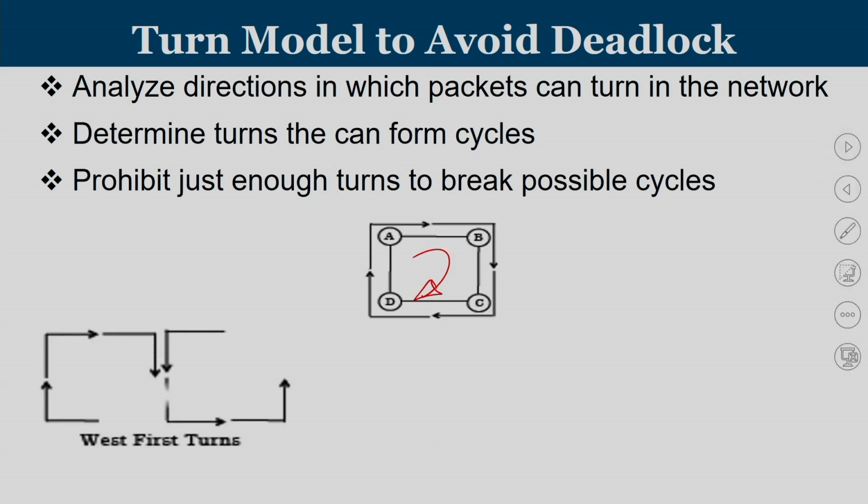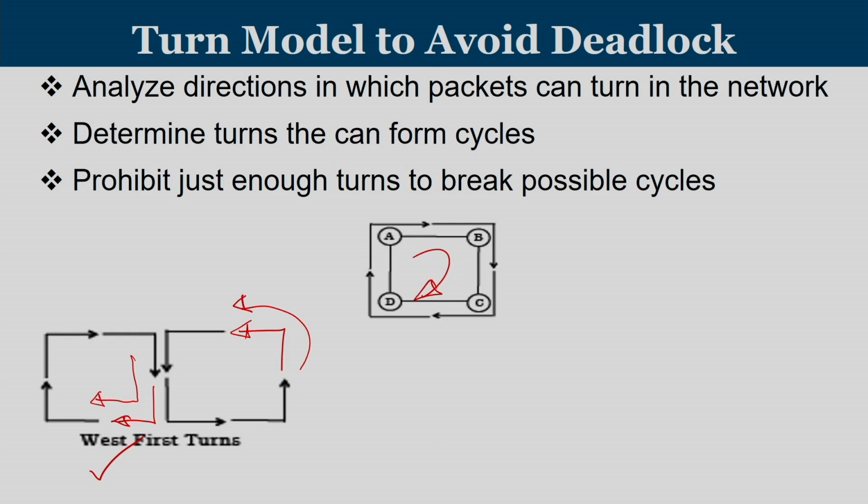In the turn model, the first category is known as west first turn. The turns I am drawing now with the pen are not permitted when we employ west first routing. The peculiarity is that traveling towards north and switching to west, and traveling towards south and switching to west, is prohibited.